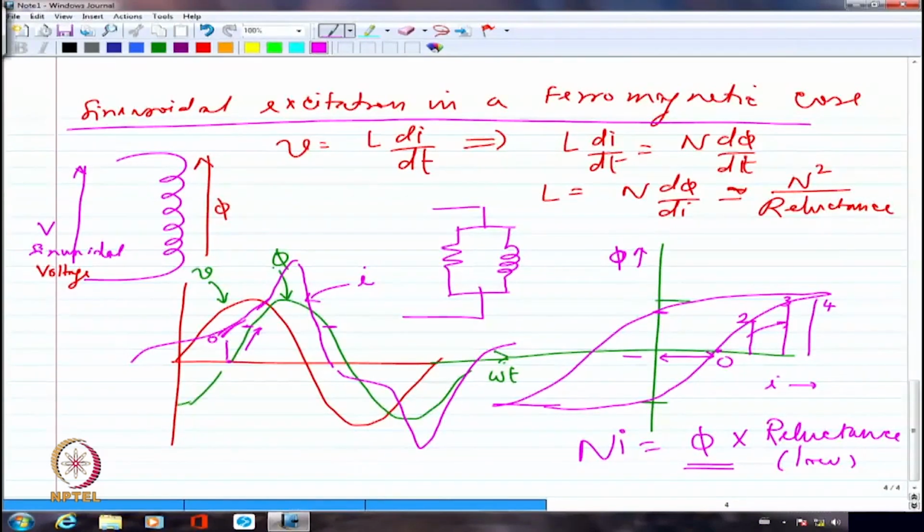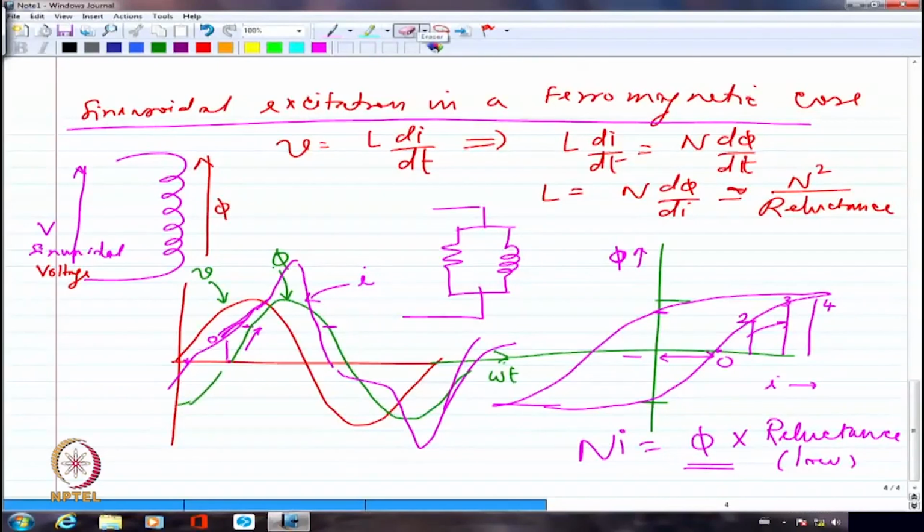I think I made a mistake. I should show it as though at least it is lagging by some quantity. So I should actually erase this portion, right? And I'm showing it as though it is lagging behind at least by a certain angle. Clearly, even here, it should probably go through this.